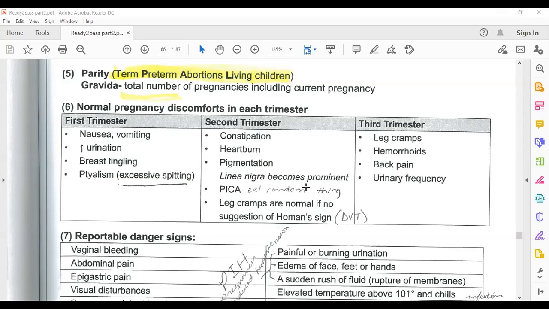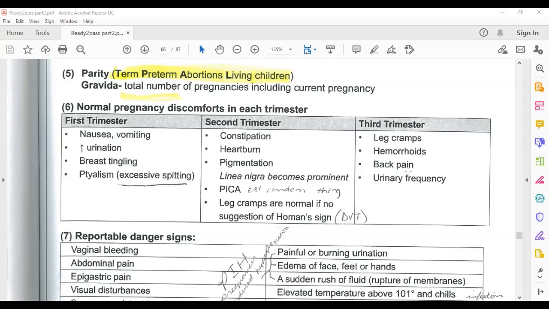And in the third trimester, mother continues to complain of leg cramping and hemorrhoids, right? If mother complains of hemorrhoids, tell them to use a warm sitz bath or witch hazel pads. Sometimes in the third trimester, they complain of varicose veins or low back pain.